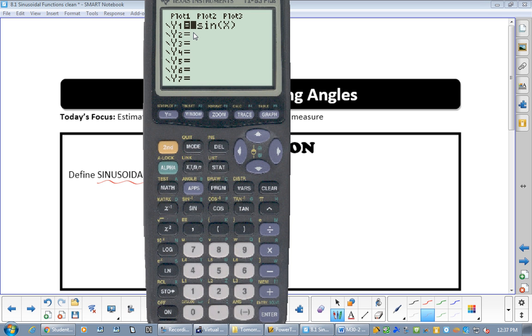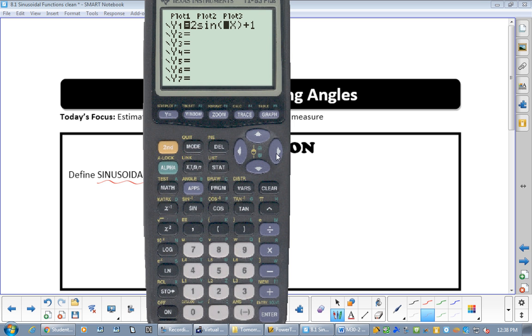Now, what if I want to squish this thing in? Well, then I'm going to mess with this. Okay, so then we start to see what that thing in front of the x does. Now, what if I want to move the entire graph up 1? Well, I would take this graph and move it up 1. Okay, see what I did there? Do you see where the midline is? See how it moved up 1?